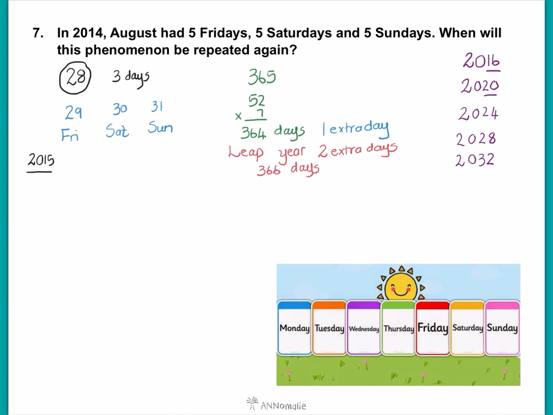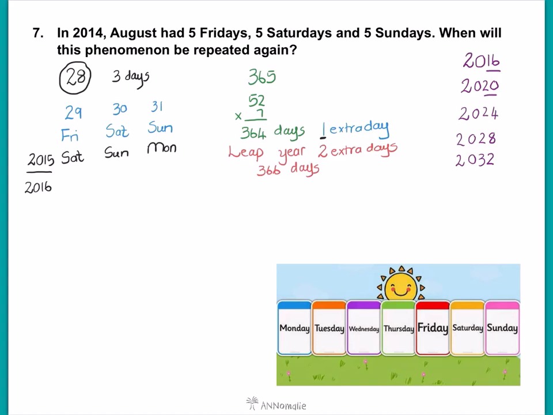In 2015, the 29th of August will be a Saturday, because of the fact that we've got 1 extra day in each year, we move 1. So Saturday, Sunday, Monday. And then in 2016, because it's a leap year, I'll skip 2 days.